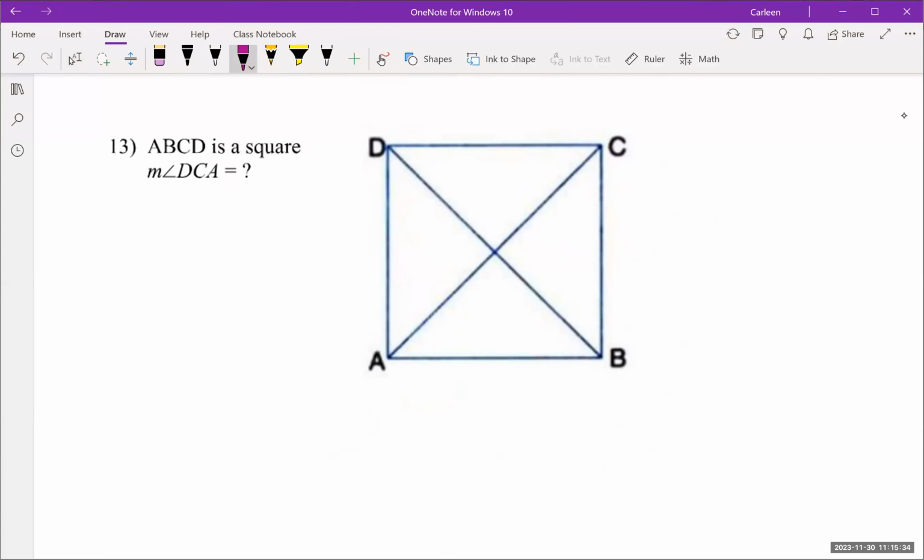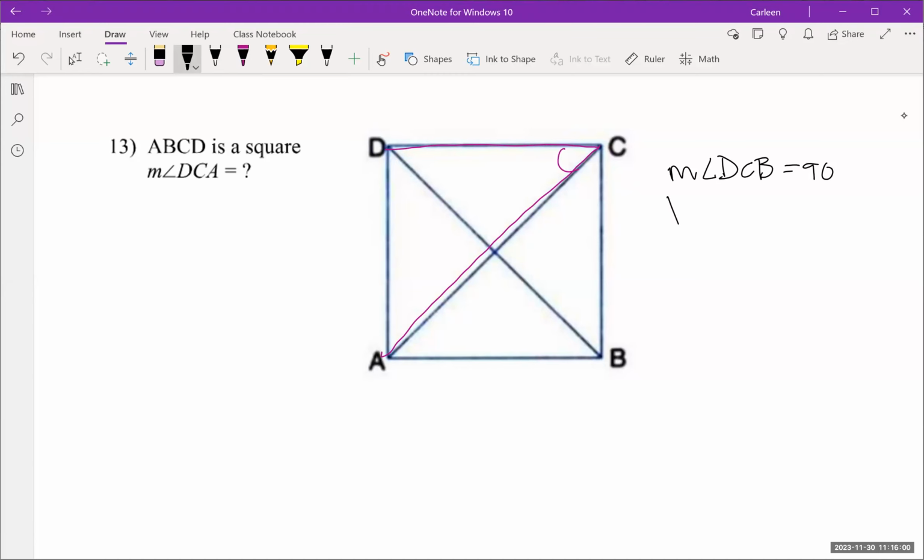Okay. So DCA. Okay, a square has all the rules. Ding, ding, ding. Very good. We know that measure of angle DCB equals 90.